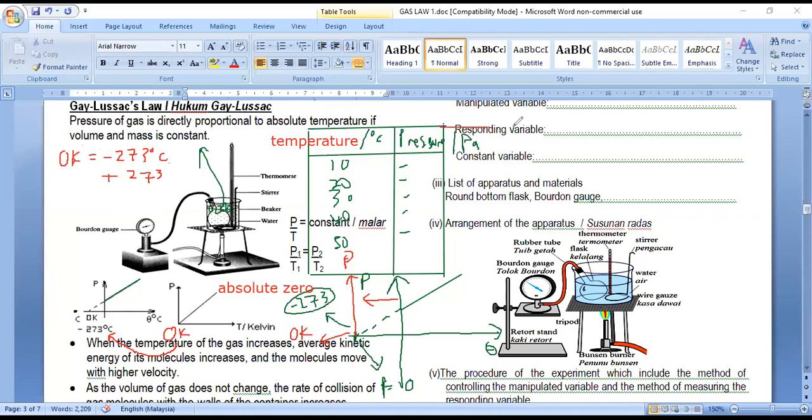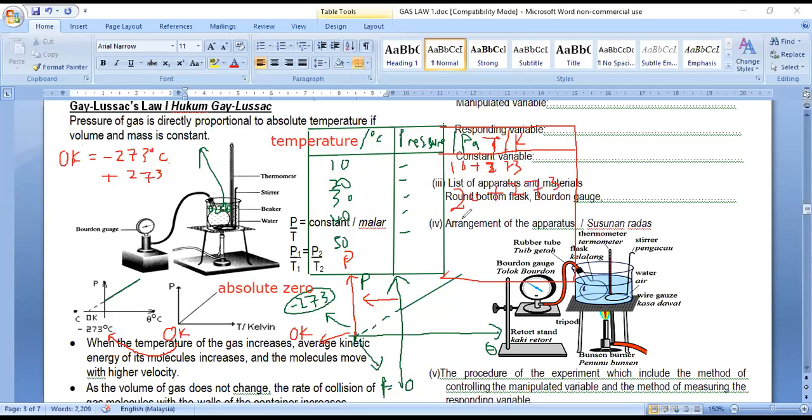So let's say you make another column, where you find the temperature in Kelvin. Meaning, if it is 10, it is 10 plus 273. If 20, it is 20 plus 273.